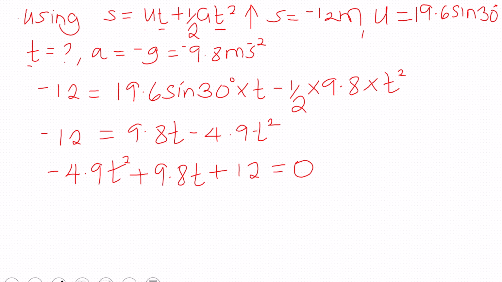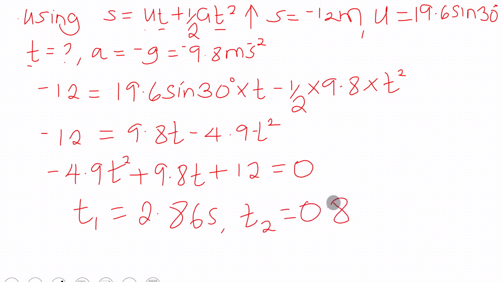If you put this on the calculator, you will get the first time t1 as 2.86 seconds, and t2 as negative 0.857.